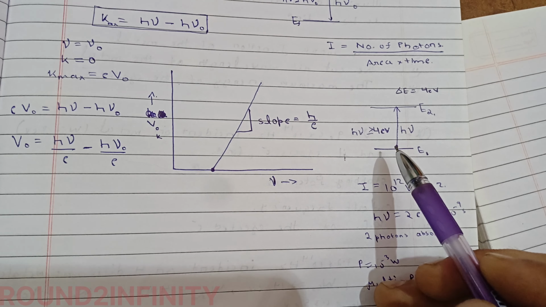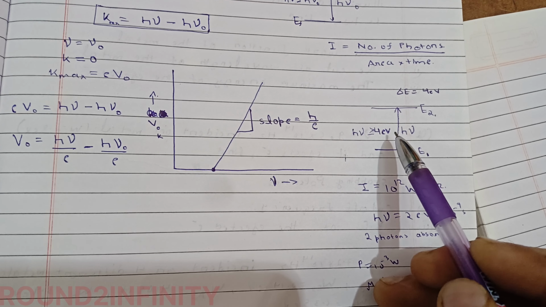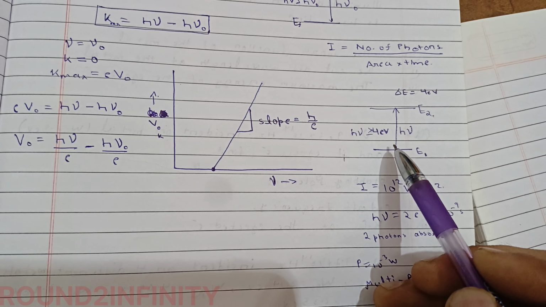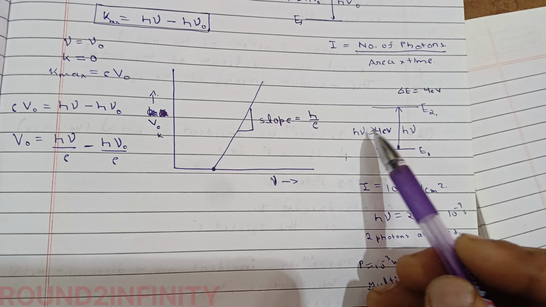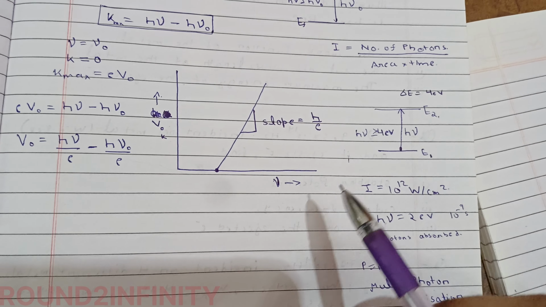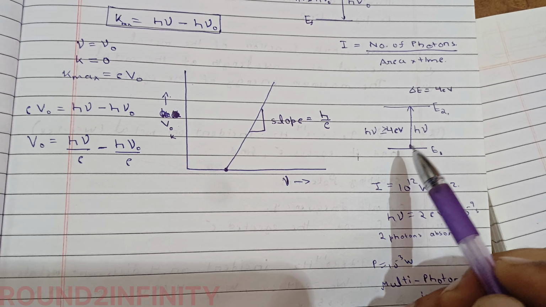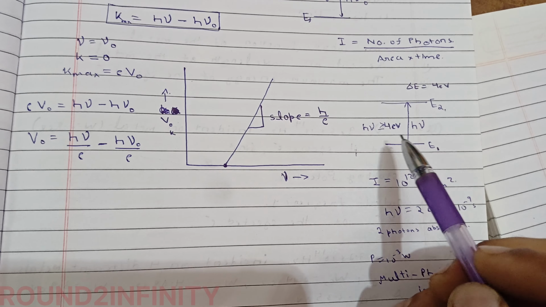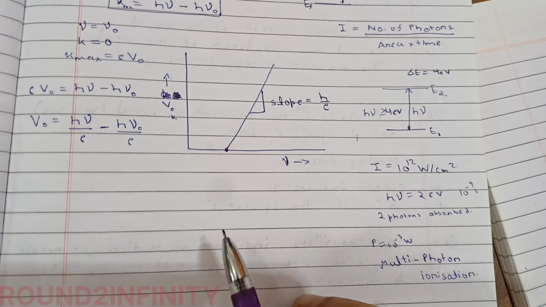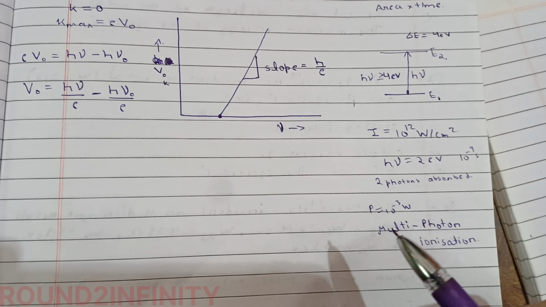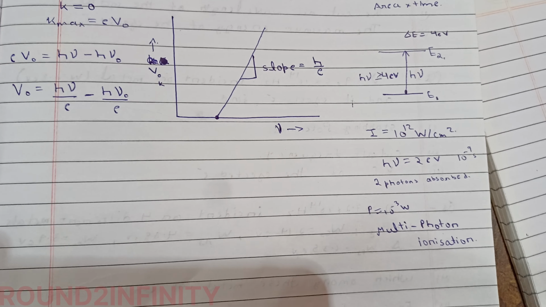When the electron is somewhere here with 2 electron volt energy, it would go back, but before going back it will absorb one more photon and go up to this side. So the electron can absorb more than one photon and go to the excited state, or it can be ejected with low frequency also. This was the observation, and this is called multi-photon ionization.